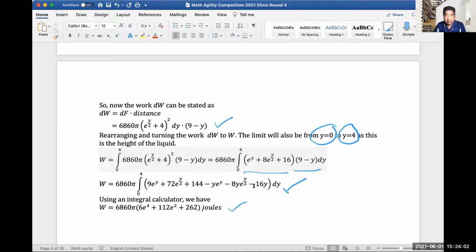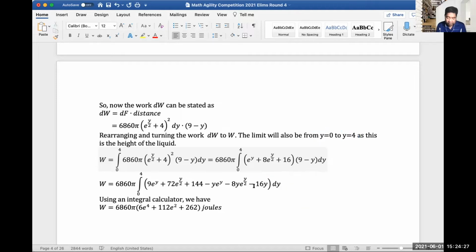The final answer would be 6860 pi quantity 6e to the fourth plus 112e squared plus 262 joules. This is the exact form. There would be other forms than this, and I also accepted those answers because they are also equal. So you'll get the whole 1 point for this.